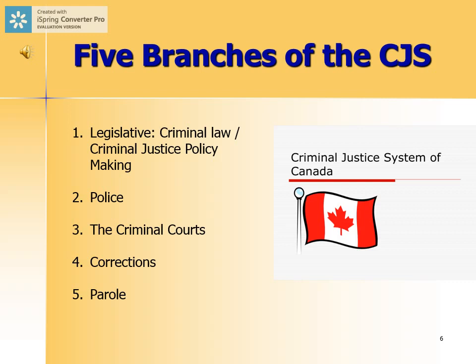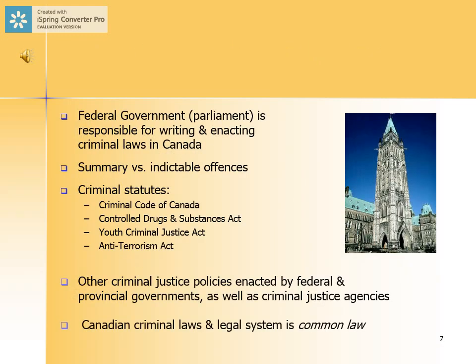But the important thing to remember here again is the importance of discretion within the system, and how each of the actors, the police, the prosecutors, the judges, correctional and parole officials, all have a tremendous amount of discretion to make decisions and work within the parameters of this very rigid criminal justice system.